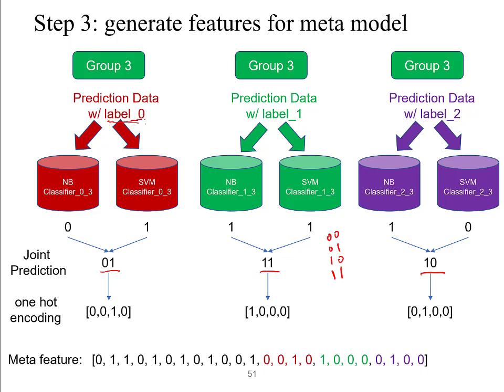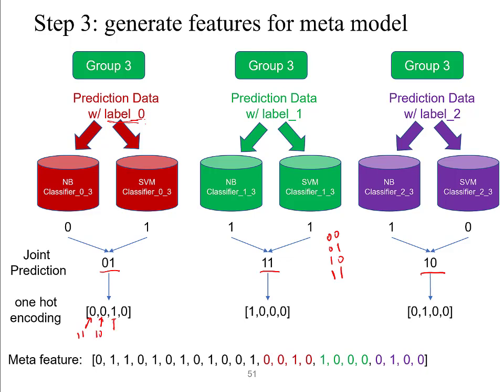So if we do the one-hot encoding, we would have a vector of 4, where just one of them is 1, indicating which joint prediction it is, and the others are 0. So basically, this should be 1, 1.